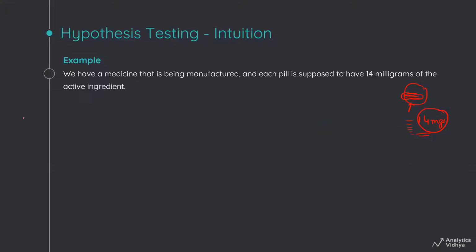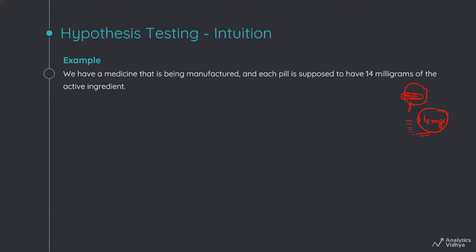Practically speaking, when you manufacture a drug, there are a lot of things you need to factor in. You don't manufacture the drug on just one machine; there might be multiple production lines. Are all the machines the same, producing exactly 14 milligrams of active ingredient? Is it 14.01?